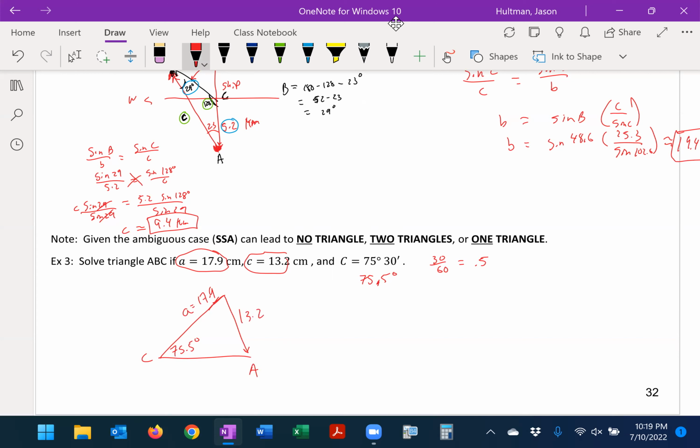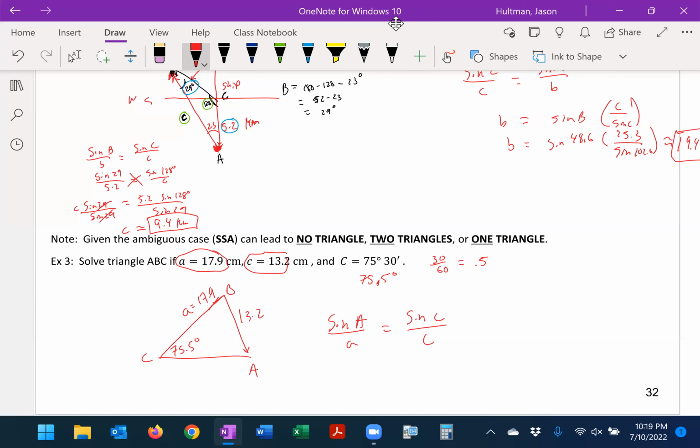So we have the sine of A over little a is equal to the sine of C over little c. Except we don't necessarily know how long side b is, or what the angles are.